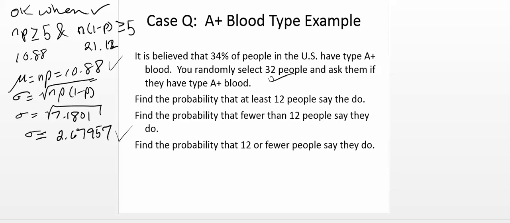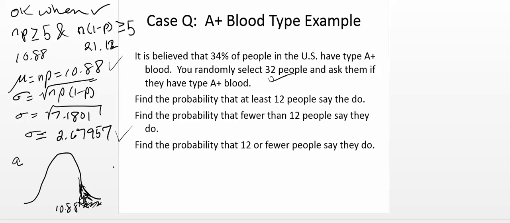So in the first question, find the probability that at least 12 people say they do. So the average is 10.88. So in part A, we have a normal distribution that has an average of 10.88, and we're looking at about 12 and asking for the right side or the upper tail of the normal distribution.